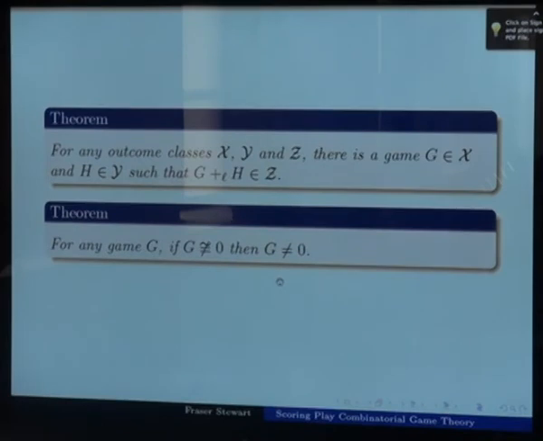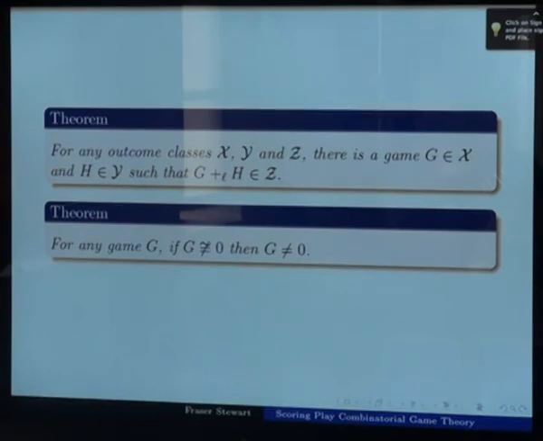And the other thing is, if you remember before, I explained that for normal play games, the identity set is the entire outcome class of P positions. So for normal play games, every P position is equal to the 0 game, the game where neither player has an option. For scoring play games, that's not true, and it's also not true for Misere games.